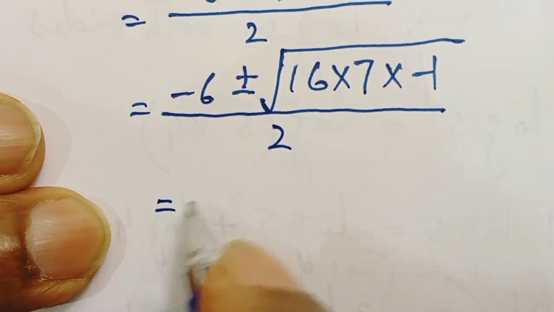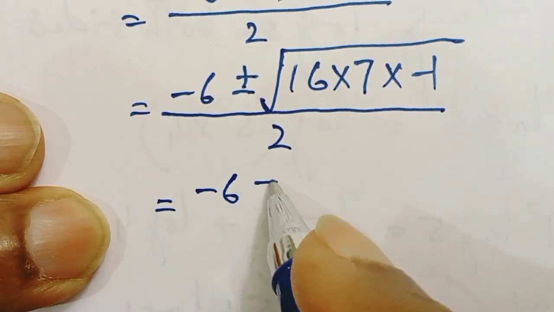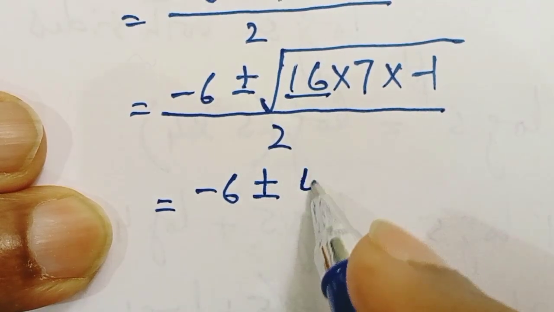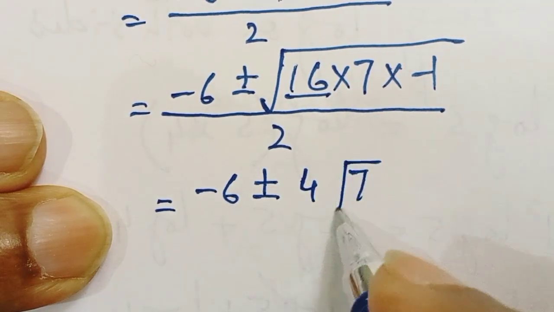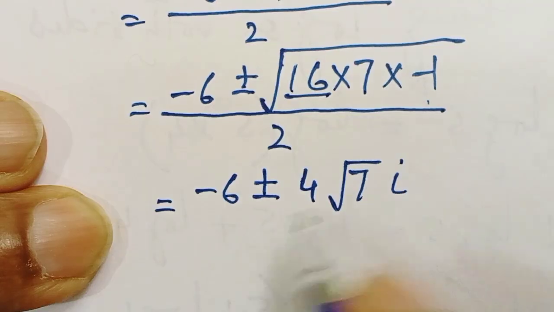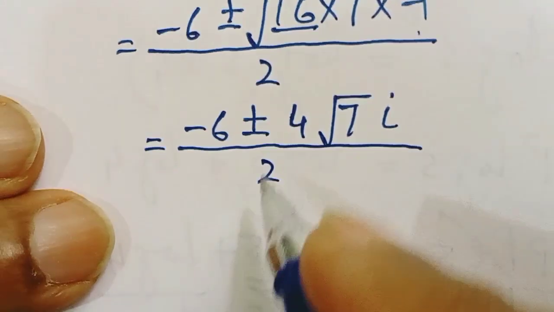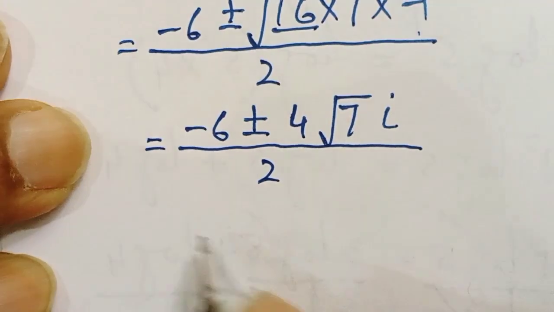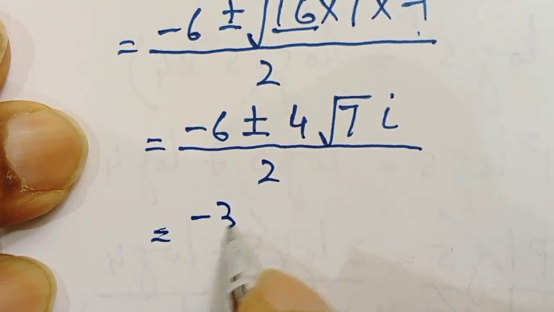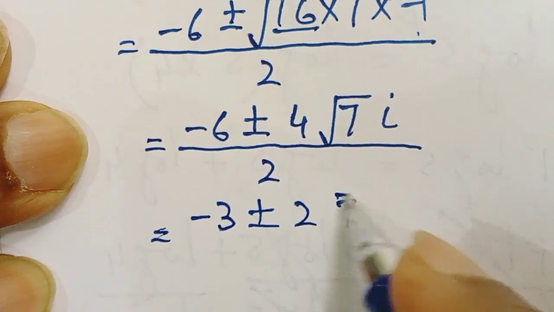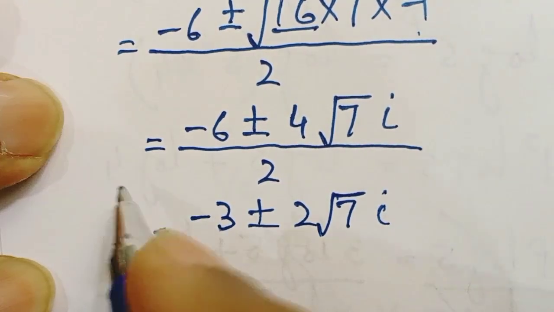It will be minus 6 plus minus, this 16 becomes 4, square root of 7, this minus becomes iota, over 2. So when we divide by 2 it is equal to minus 3 plus minus 2 square root of 7 iota.